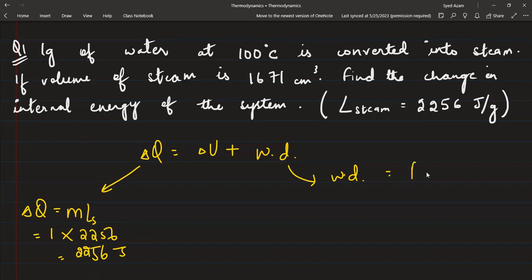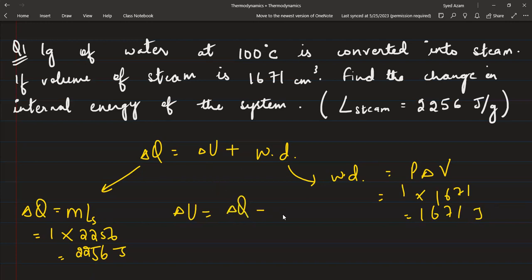So here this will be P delta V. Pressure is 1, so this is 1671 joules. So what would your delta U be equal to? Delta U will be equal to delta Q minus work done. So 2256 minus 1671. This you can take out, whatever is the value. You also tell me this many joules. Okay, write it.